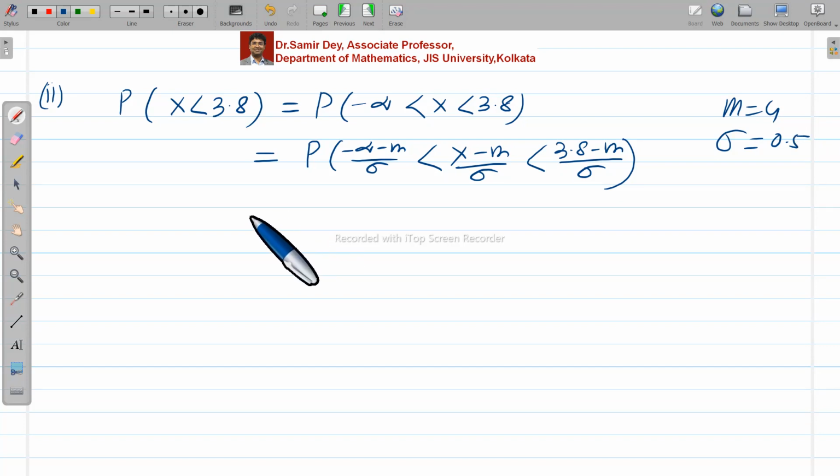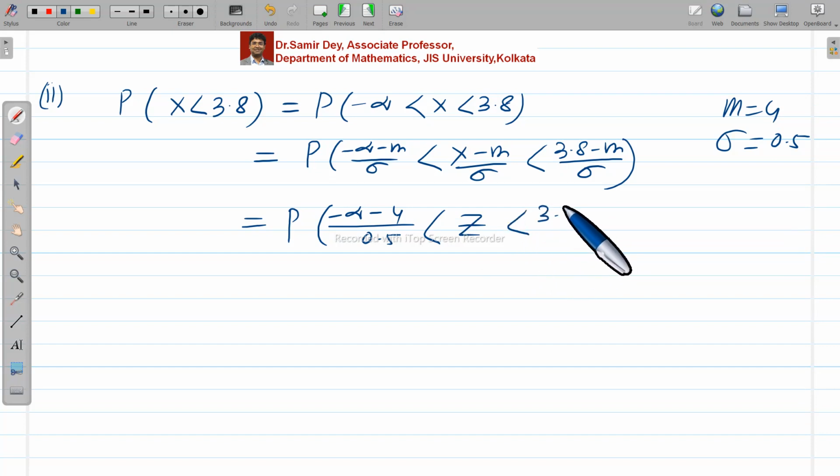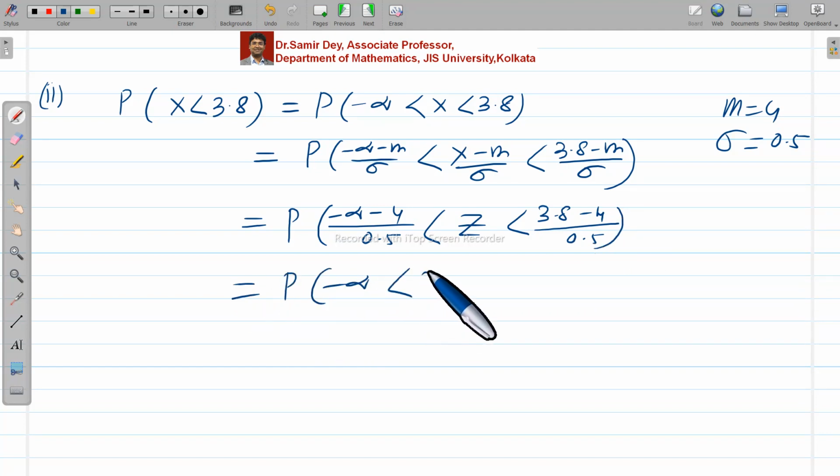Okay, so now you substitute the value. So probability minus infinity less than Z less than (3.8 minus 4) by 0.5. Ultimately it is coming probability minus infinity less than Z less than minus 0.4.